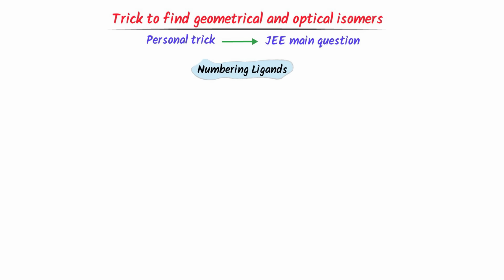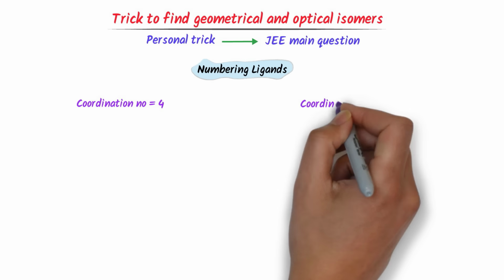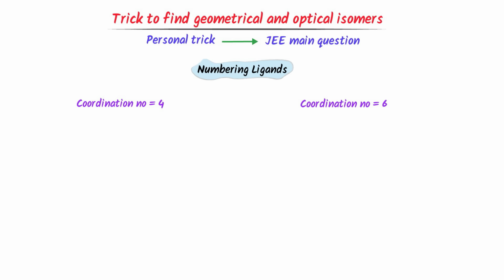In the first case, we will learn numbering ligands when the coordination number is 4. In the second case, when the coordination number is 6. For example, consider this case. We know that M is the central metal atom and A is the ligand.